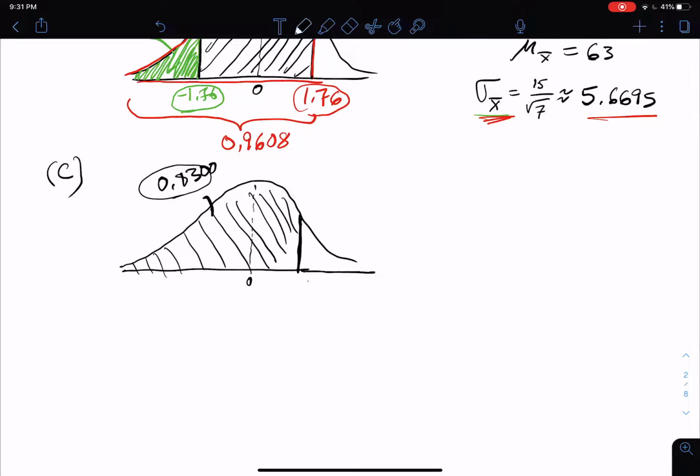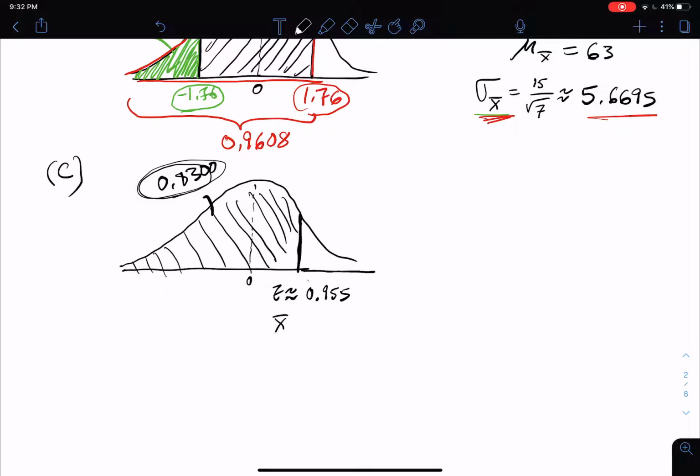It gives us a z value. So when we look up 0.83, we then go to the outer edges of the z-table to get our actual z-score. We get approximately 0.955.